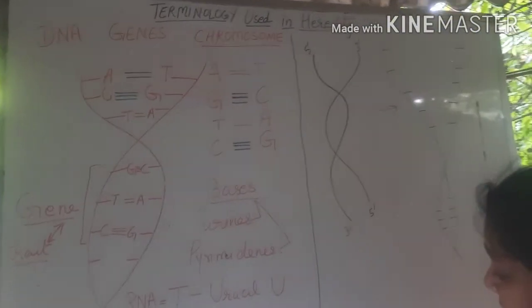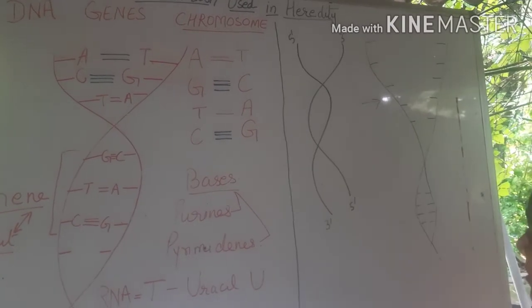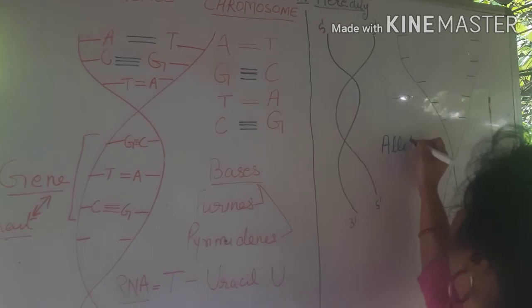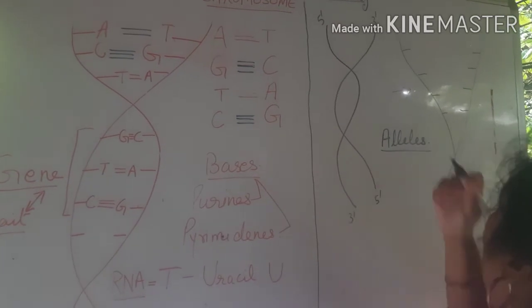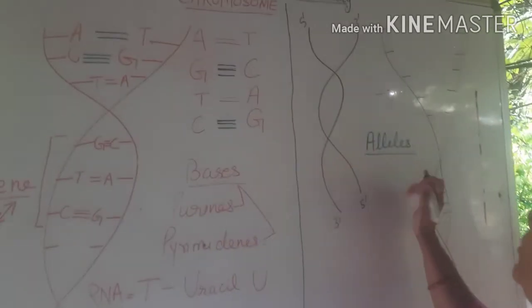Now children, you have heard a few more things about the alleles. One more term comes into account: alleles. This is called the alternate gene.